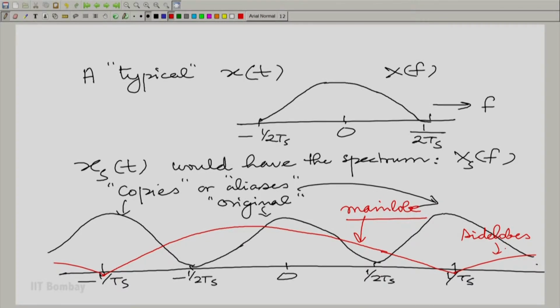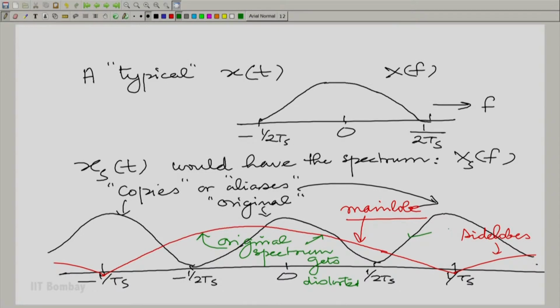So, therefore, what is the consequence of sampling and holding? There are two things that are happening as a consequence of sampling and holding. One thing is the distortion that is going to come in the original spectrum. So, this red main lobe now sits on top of the original spectrum and some part of the first two aliases.